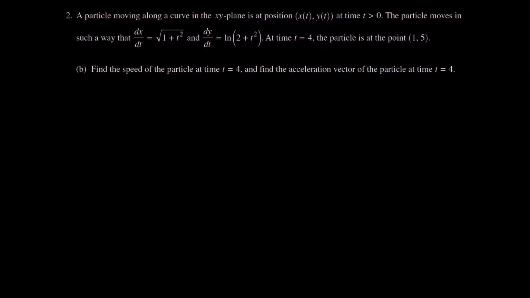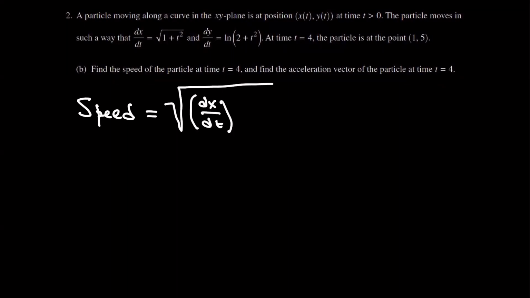In this question, we need to find the speed of the particle at time t equals 4 and find the acceleration vector of the particle at time t equals 4. Let's recall that the speed of the particle in parametric form is given by the square root of the derivative of x with respect to time squared plus the derivative of y with respect to time squared.